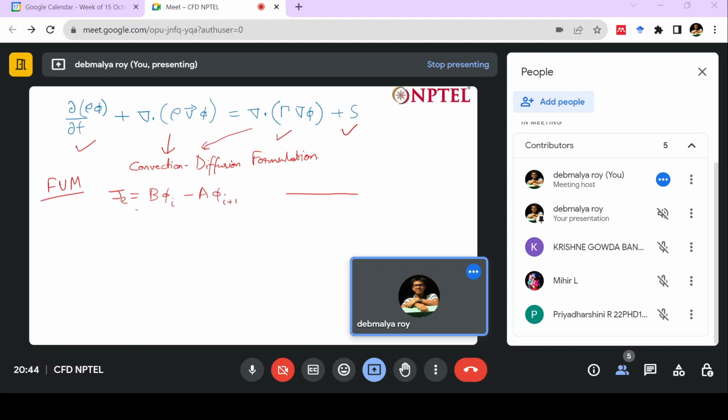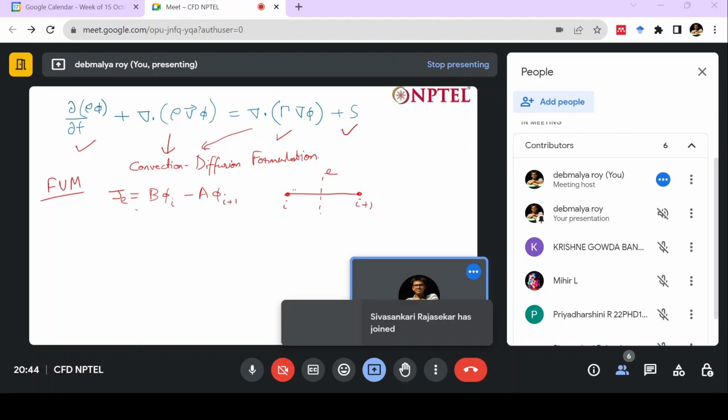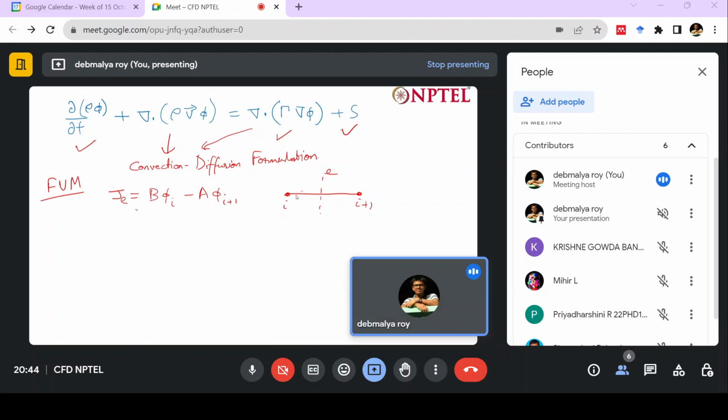So this is I plus 1, and there is an interface E. And how much flux is going across this interface? There will be some flux going across due to convection, and some flux going across due to diffusion.